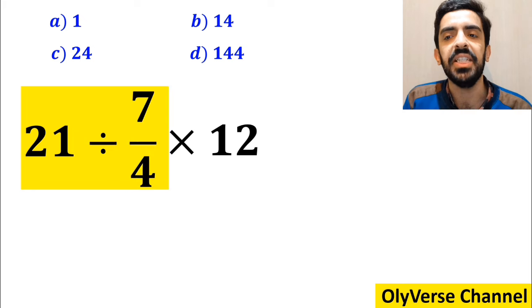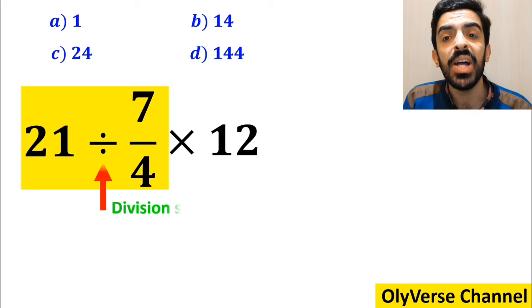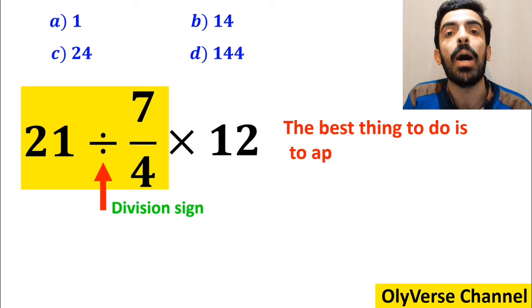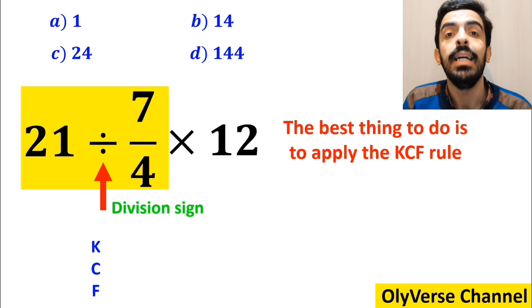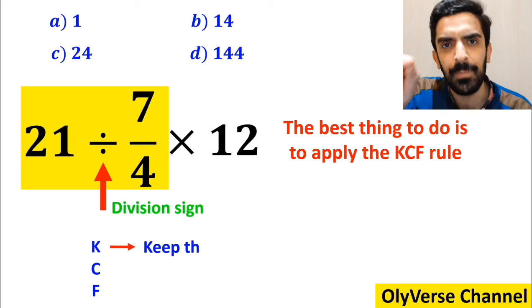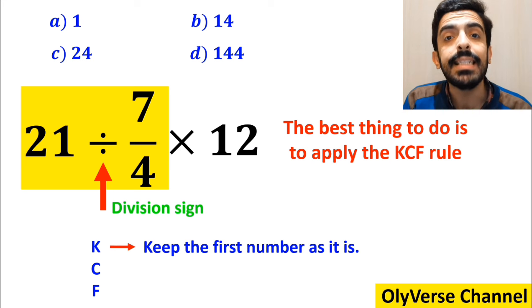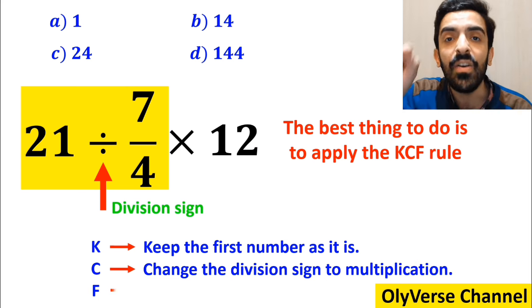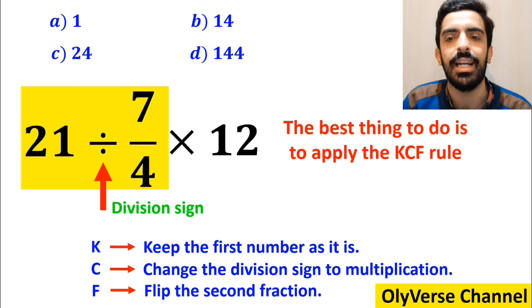So, first we start with the expression 21 divided by 7 over 4. Whenever we come across a division sign between two terms, the best thing to do is to apply the KCF rule. In this rule, K stands for keep the first number as it is, C stands for change the division sign to multiplication, and F stands for flip the second fraction.